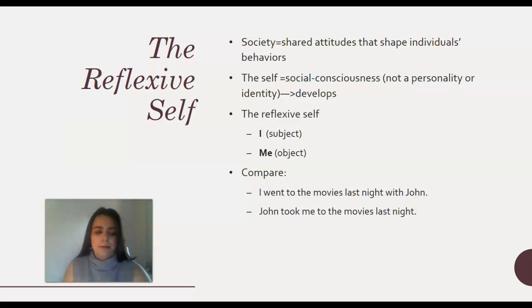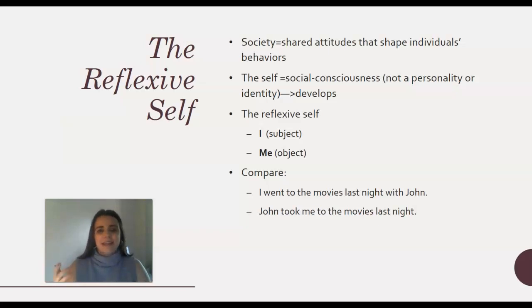Okay, so Mead, unlike lots of other theorists at the time, has a different understanding of what society is. He doesn't think that society is just a large group of people or organizations or networks, etc. He thinks it's a set of shared attitudes, okay?